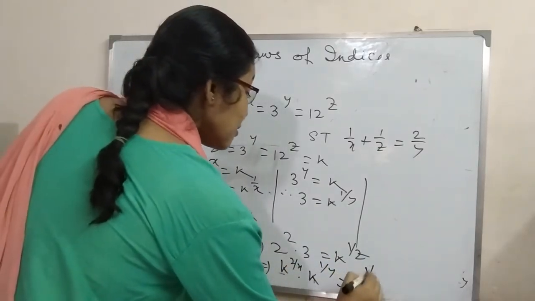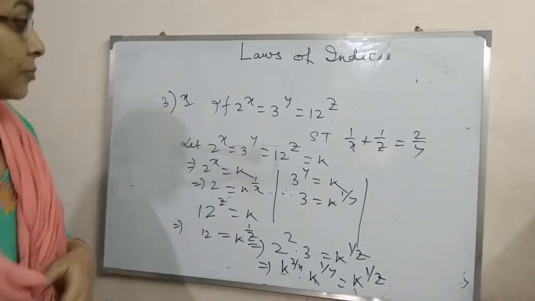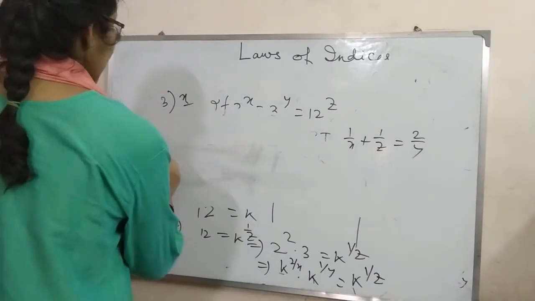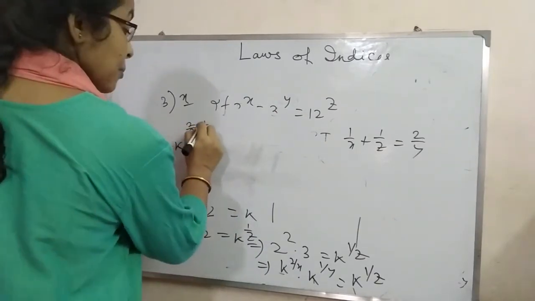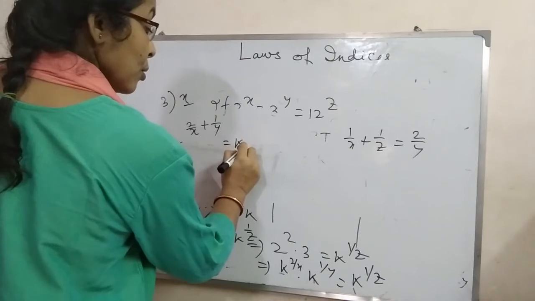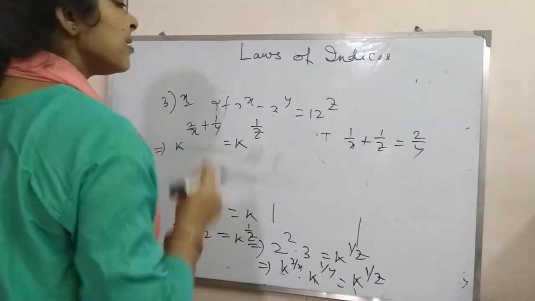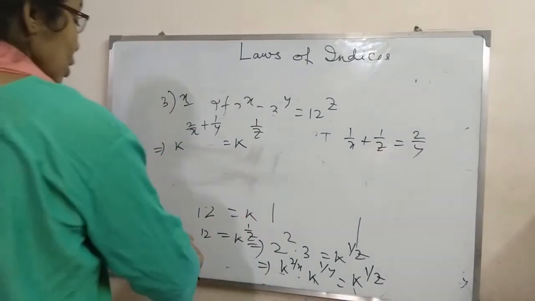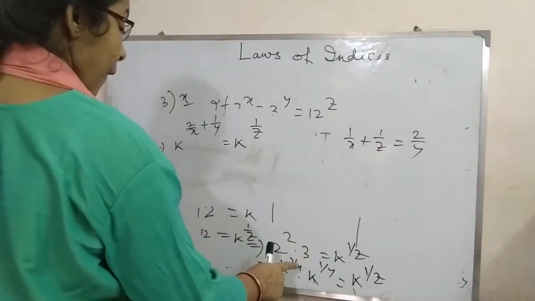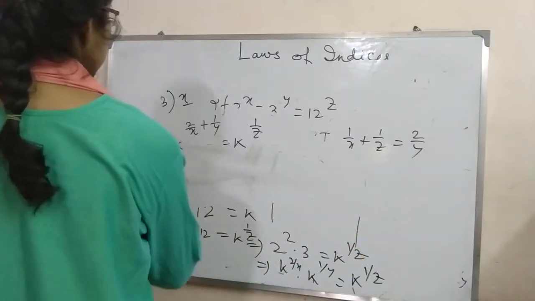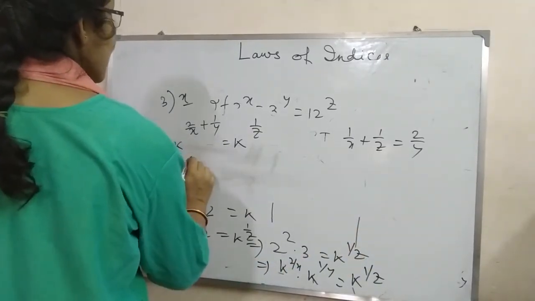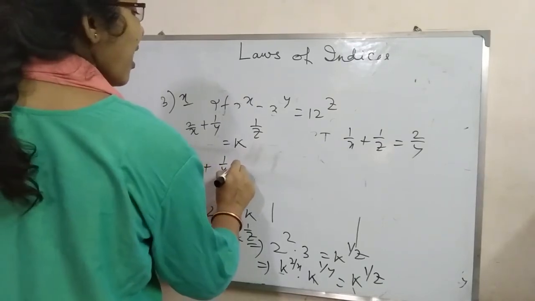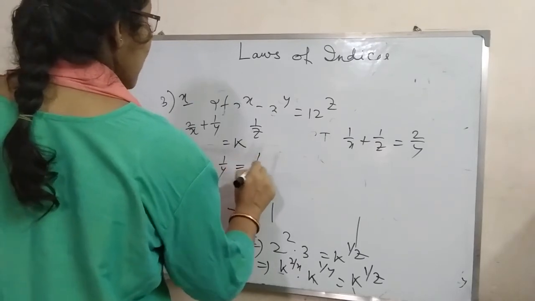And for k to the power 1 by z, here I can write k to the power 2 by x plus 1 by y equal to 1 by z. So 2 by x plus 1 by y equal to 1 by z.